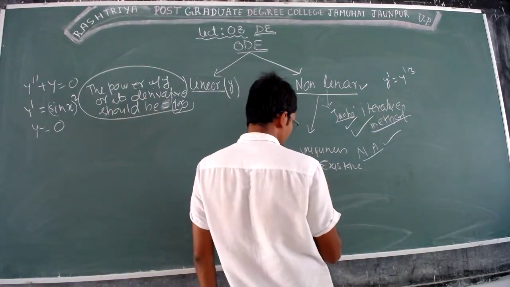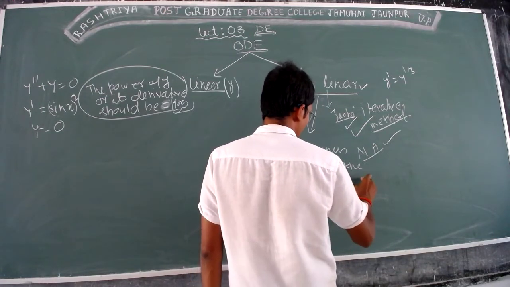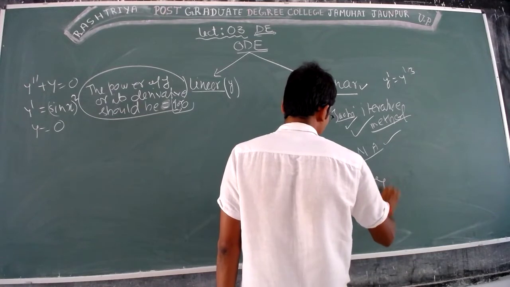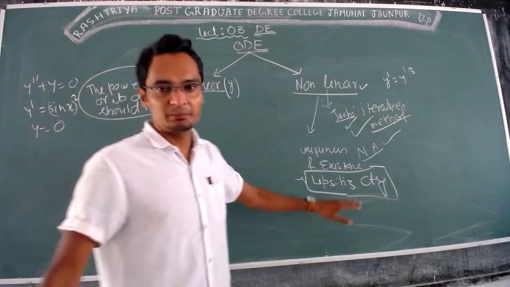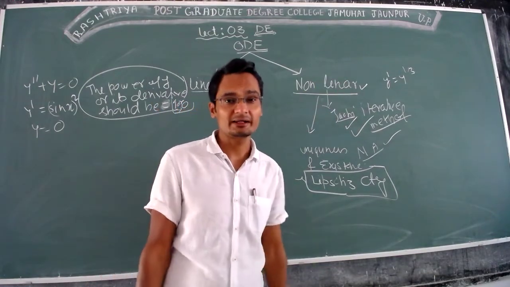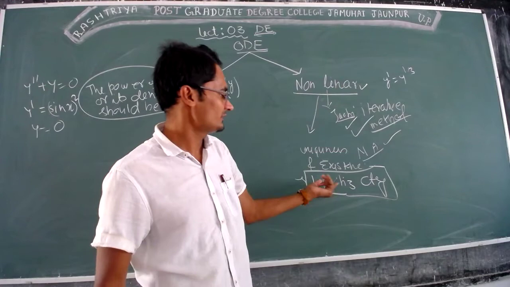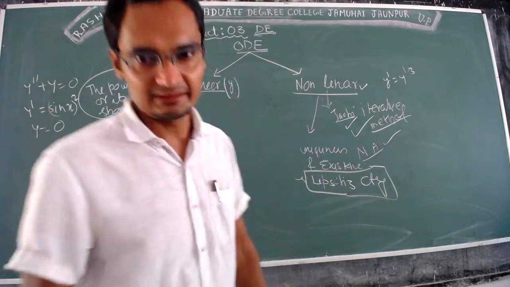Here we will use Lipschitz continuity. With the help of Lipschitz continuity, we will say under what condition a non-linear differential equation has a unique solution or not. So we will look at this chapter later.